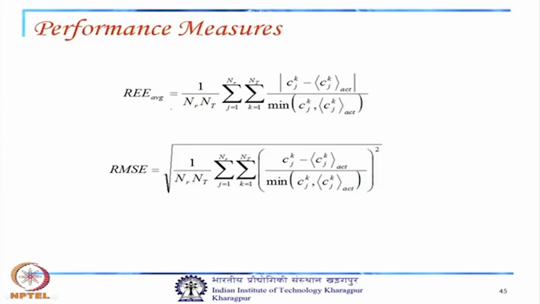In this case the performance measures were the relative estimation error, which is an average value based on the number of wells removed and the number of time periods, and the RMSE or root mean square error, the difference between the actual value and the estimated one.